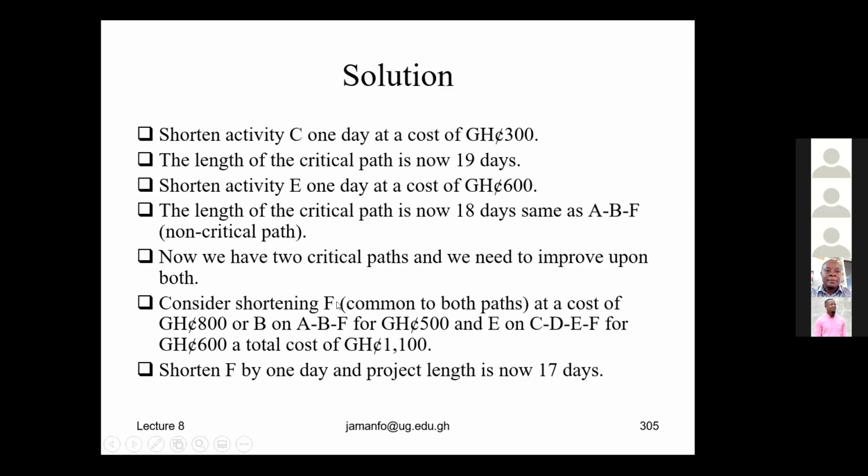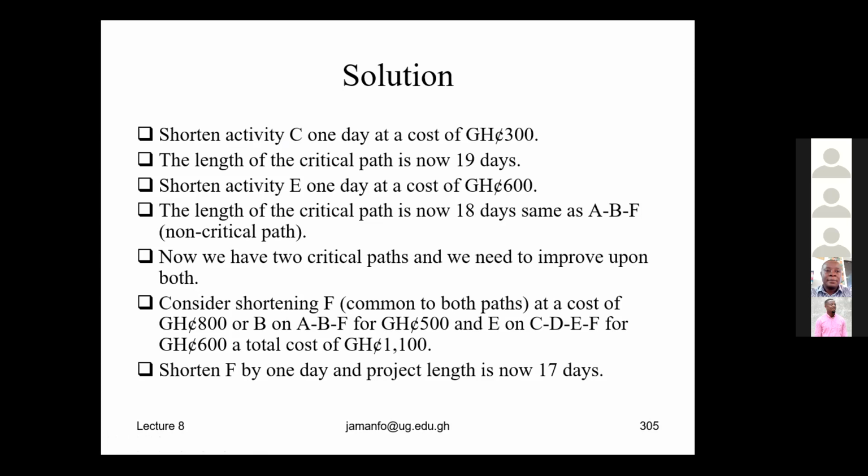So consider shortening F, which is common to both paths, at the cost of 800, or B on ABF for 500 and G on CDF for 600, at the cost of 1,100. We shorten F by 1 day and the project is now 17 days.